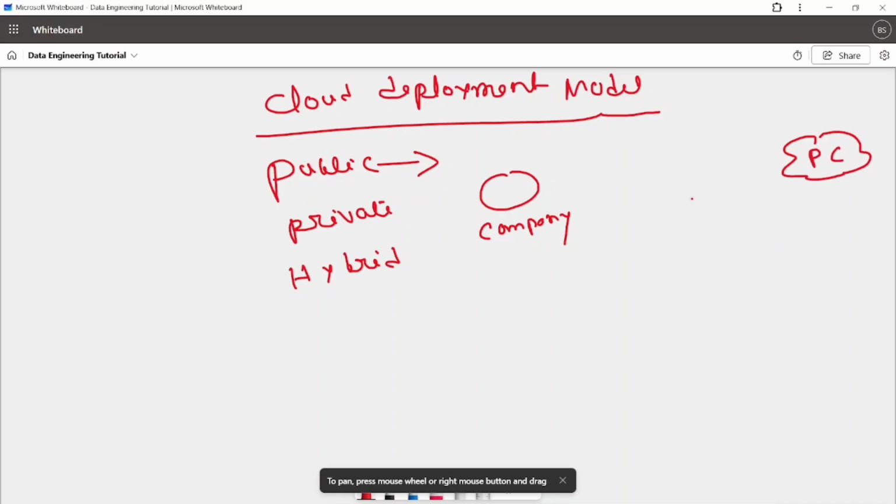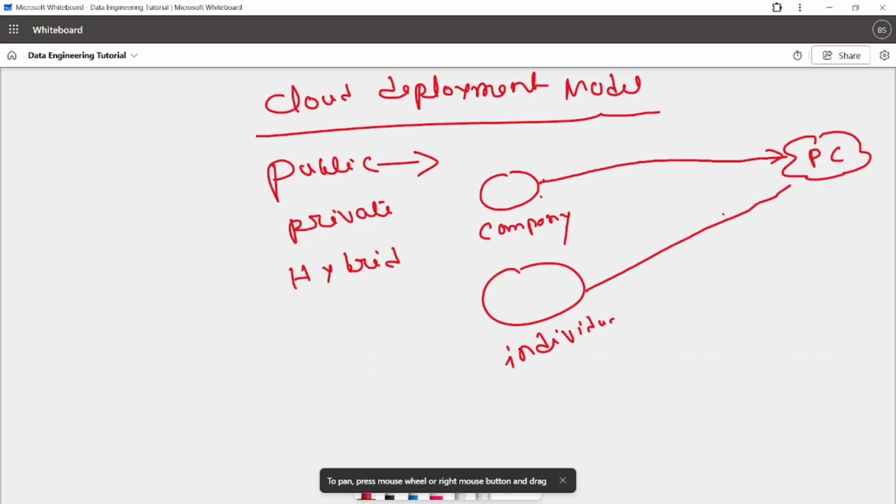A company like Microsoft can take services from the cloud, and an individual can also take services from the cloud. This is called the public cloud.